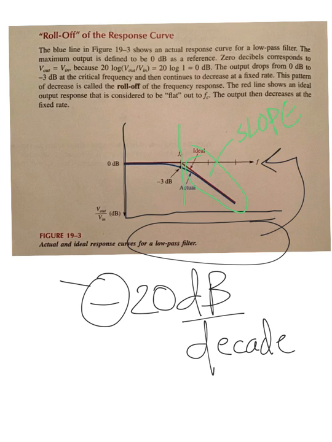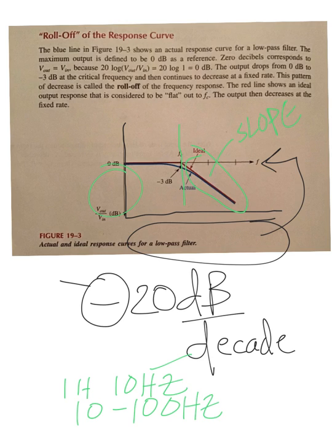So minus 20 dB, that's between a change of 10 in frequency. That's a decade. If I go from 1 hertz to 10 hertz, that's a decade. If I go from 10 to 100 hertz, that's a decade.